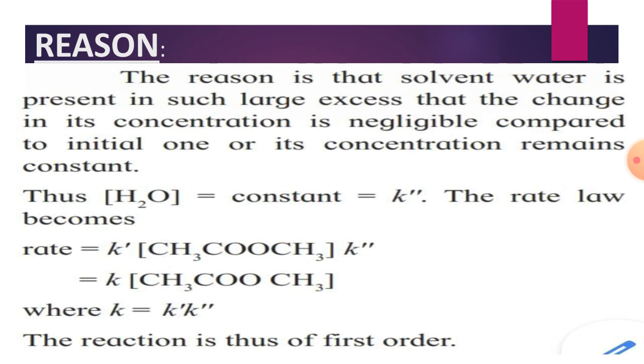Because concentration of water remains constant due to it being present in large excess, so that the change in concentration is negligible compared to the initial one. So at the end, we are getting rate is equal to K, concentration of methyl acetate. So due to this, the reaction is of first order kinetics.